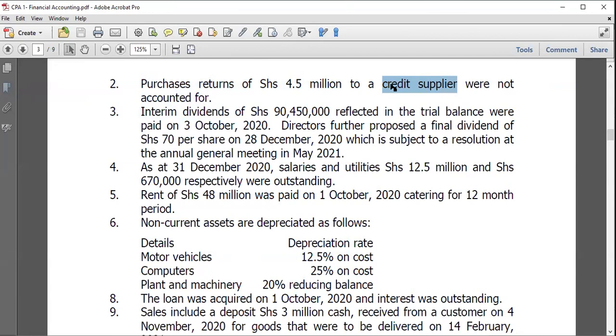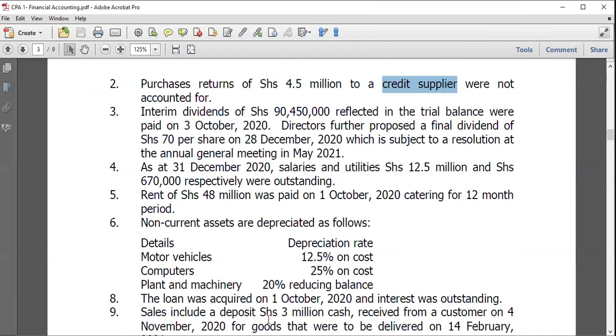The amount that you would have paid in terms of trade payable would reduce, because the double entry is we definitely debit our trade payables, because trade payables are liabilities, and when liabilities are decreasing, we debit them, and we do credit our purchase returns.